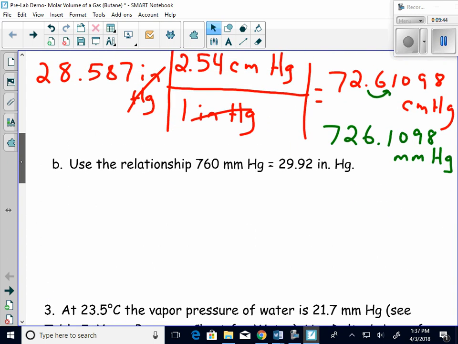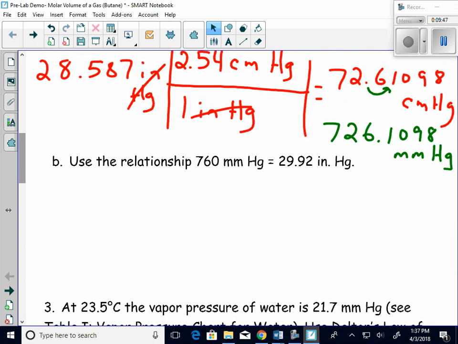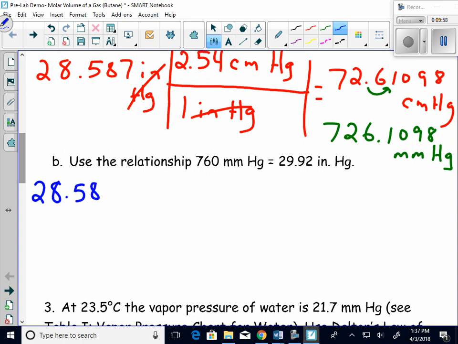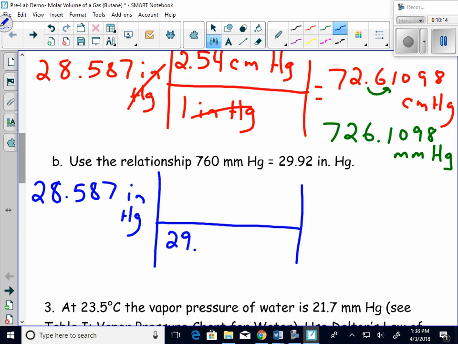Now, the second way to do it is a little bit easier, I think. What I'm going to do is take that same value, the 28.587 inches of mercury. And my conversion factor now, which I found on the internet, or I knew it, is that 29.92 inches of mercury has 760 millimeters of mercury.